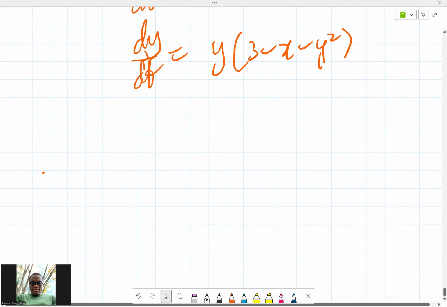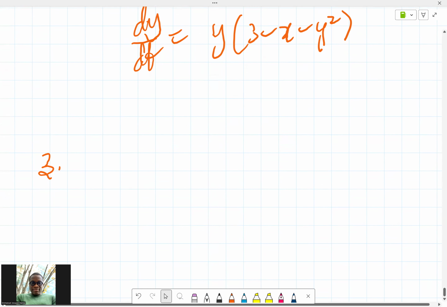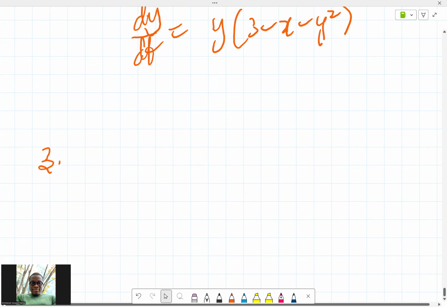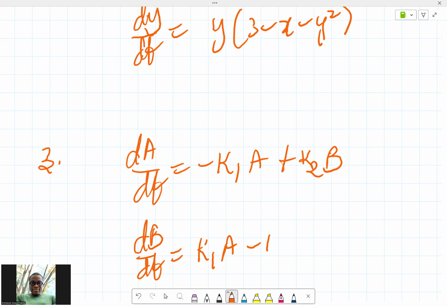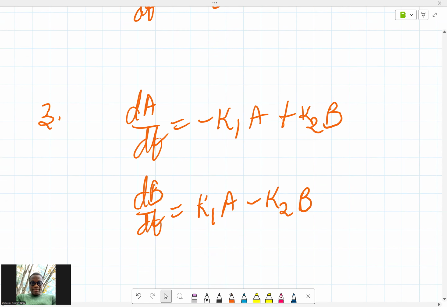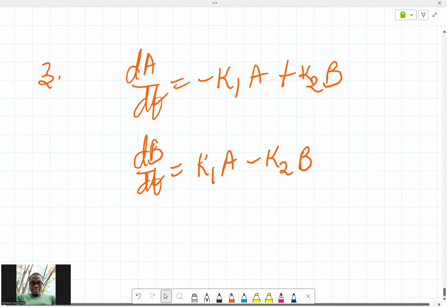Number 3, you have a case of a chemical reaction. Consider the chemical reaction: dA/dt equals minus K1 A plus K2 B, and dB/dt equals K1 A minus K2 B, where A and B are concentrations of two reactants and K1 and K2 are positive constants.